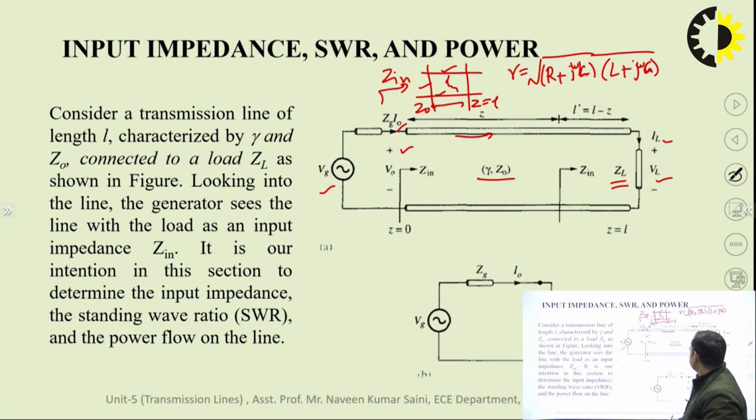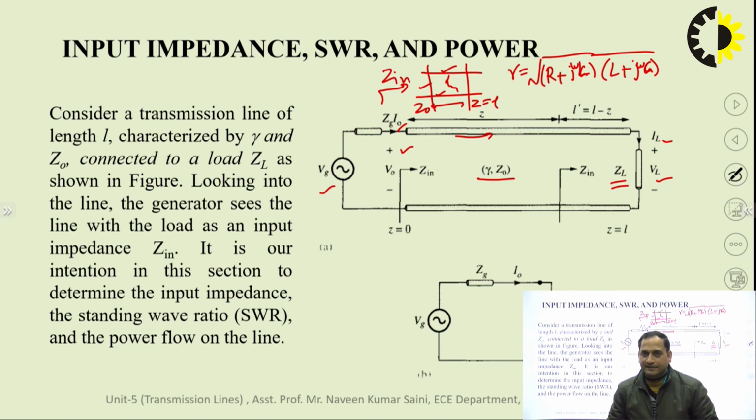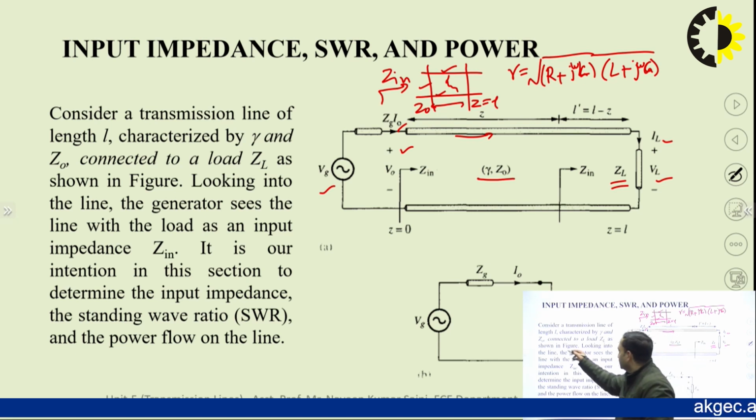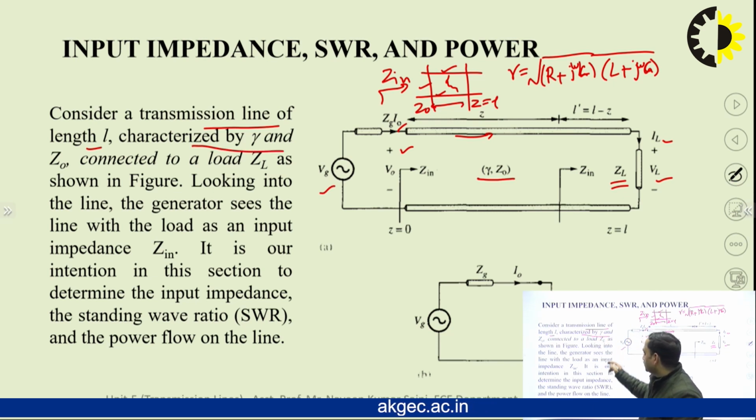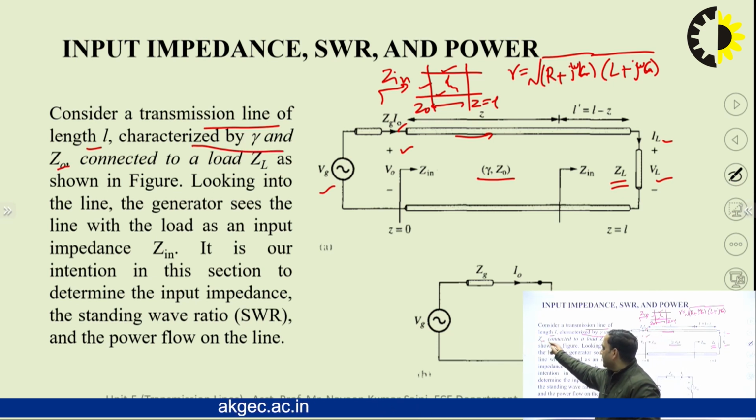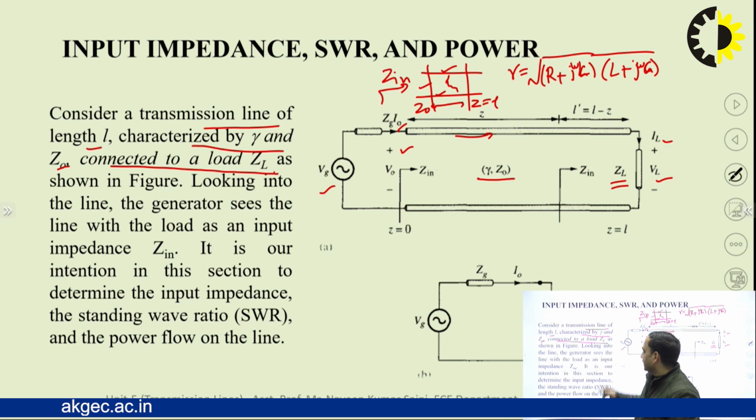These two parameters, gamma and Z0, contain the four transmission line parameters: R in ohm per meter, the resistance per unit length; L in henry per meter, the inductance per unit length; G in siemens per meter; and C in farad per meter. We have considered a transmission line of length L, characterized by gamma and Z0, connected to the load ZL.